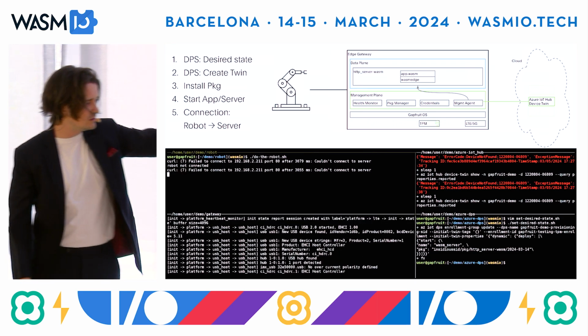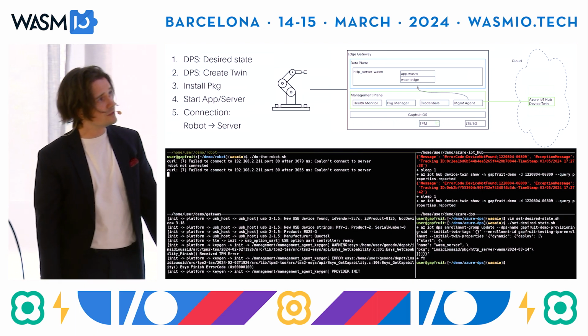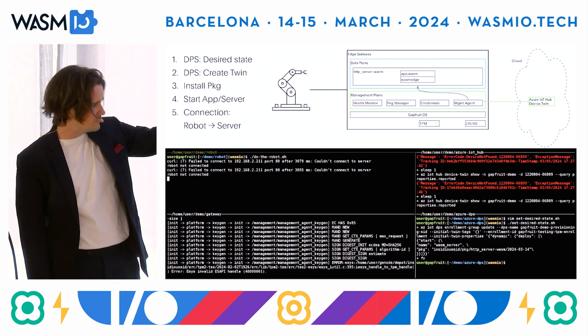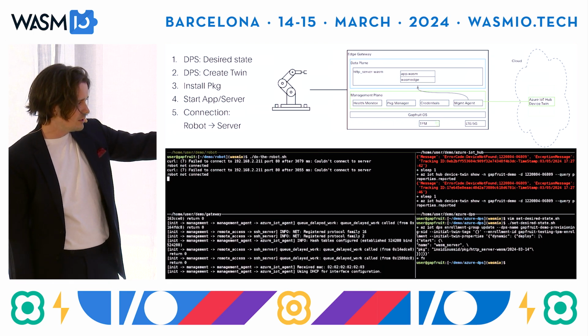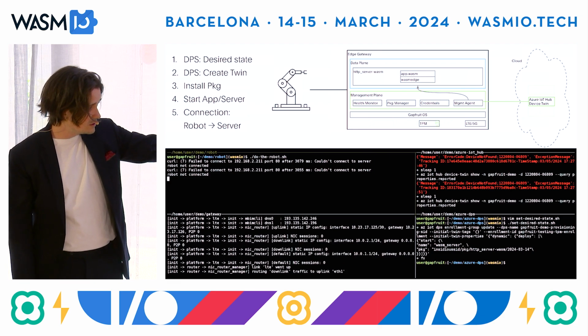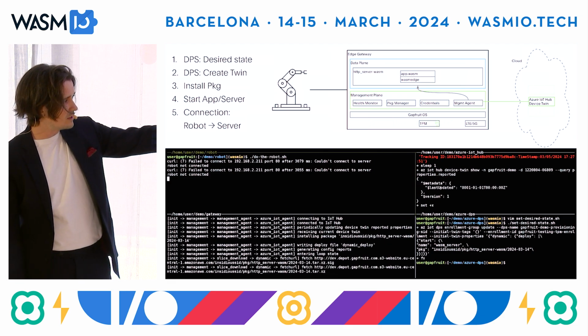On the bottom, we see that the gateway is booting. We see LTE coming up. We see the short-lived certificate being generated. And we see the management agent connecting to the DPS. All right, this goes fast. And the IoT Hub.